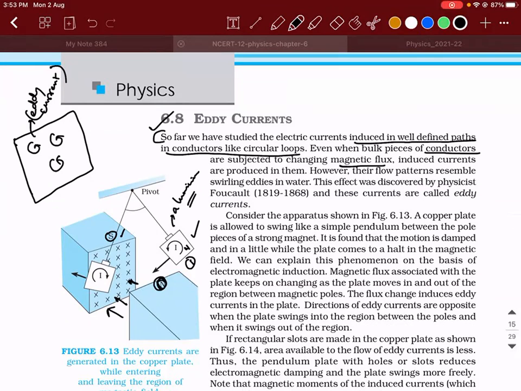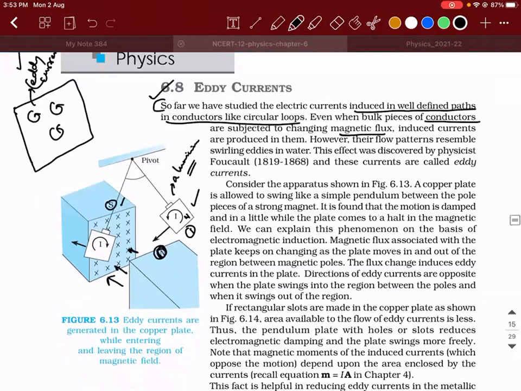So the induced currents produced in the bulk sheet will be in small circular loops. The small circular loops of current generated due to the change of magnetic flux are what we call eddy current. So eddy currents are nothing but circular currents that are getting generated. That's why some books refer to them as circular currents also.